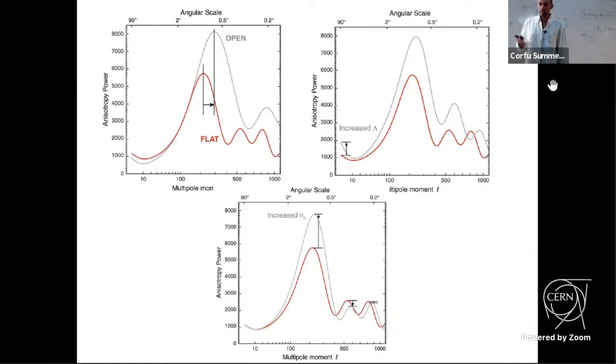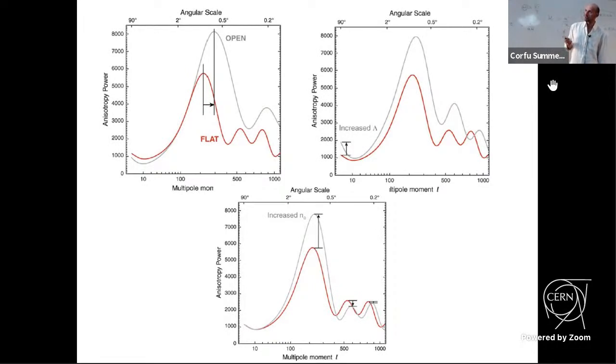And that's why we say that the observations tell us that the universe is flat, because the spectrum we observe is compatible with the curvature k equal to 0. If the universe were closed or open, we would observe a different pattern of cold and hot spots. We could see bigger colder spots and bigger hotter spots, or vice versa.